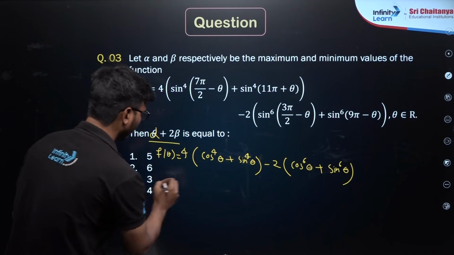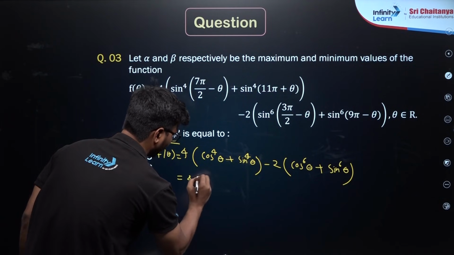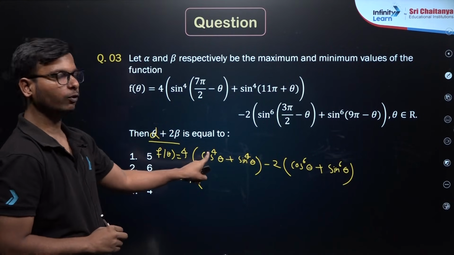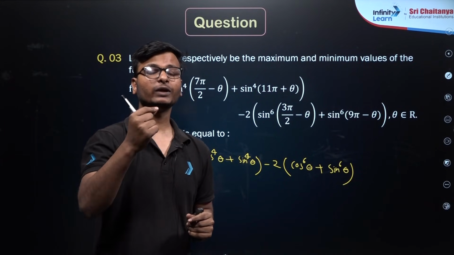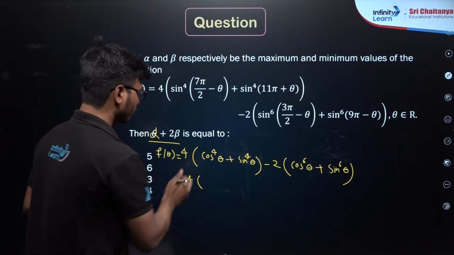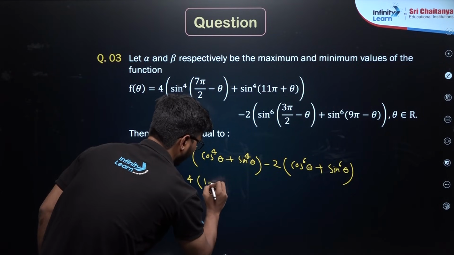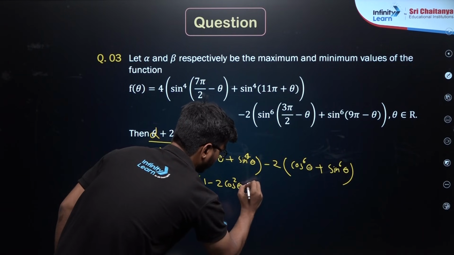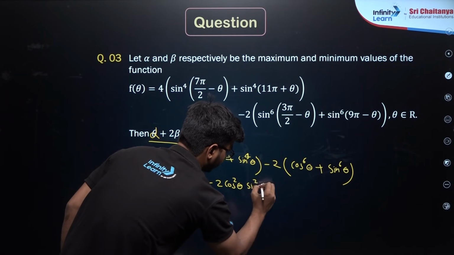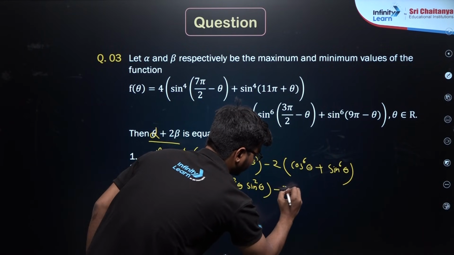Okay, now if you observe, we have one identity, that is cos to the power 4 theta plus sin to the power 4 theta can be written as 1 minus 2 times cos square theta sin square theta. So that is what I am writing, 1 minus 2 times cos square theta and sin square theta, minus 2.